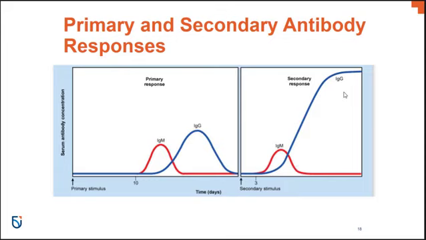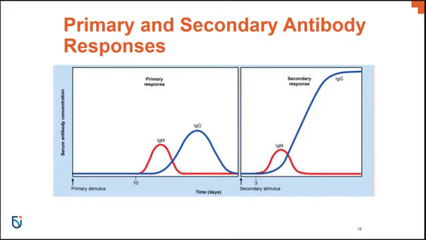In particular, with immunoglobulin G, there are very large increases compared to what we saw with the primary stimulus and primary response. So these IgM and IgG are very specific antibodies.